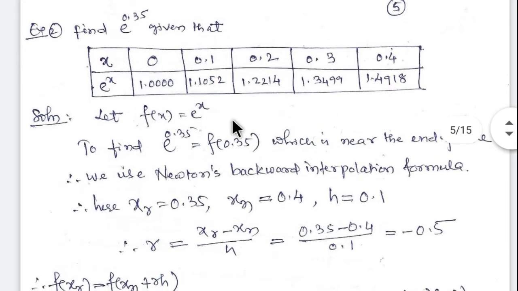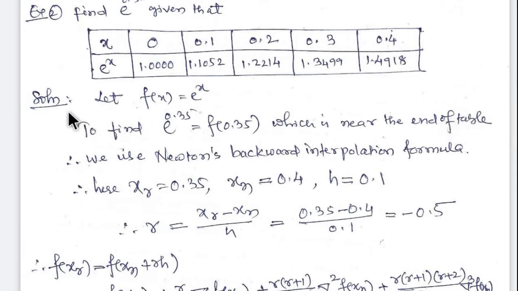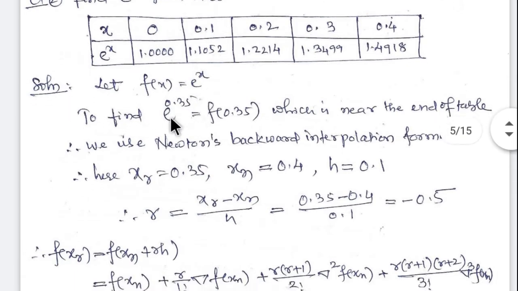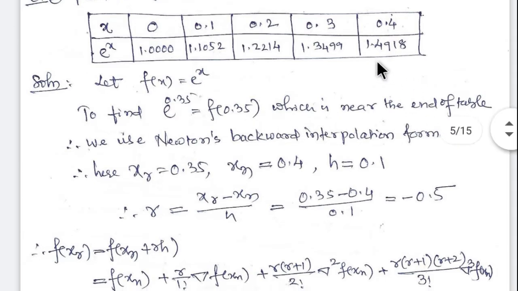These are the arguments and entries. Solution: let f(x) equal e raised to x, or y equal to e raised to x. To find e raised to 0.35 means f(0.35), which is near the end of the table.